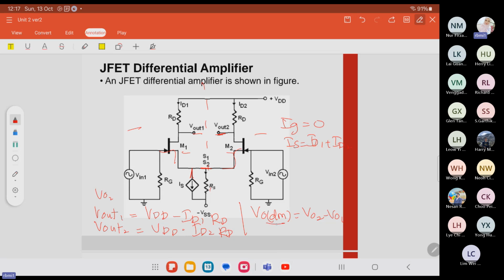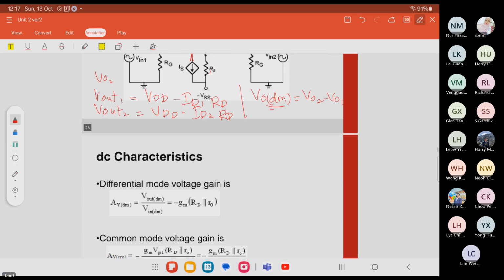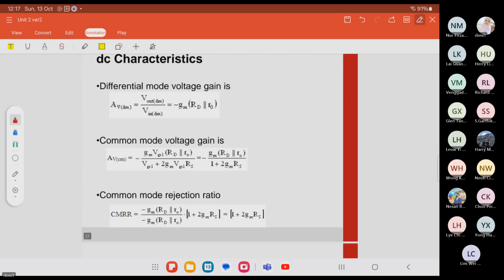So this is for Vout DM, the differential drop between these two Vout. So this is for the AV, voltage gain for differential mode, and the common mode voltage gain with the common mode rejection ratio.